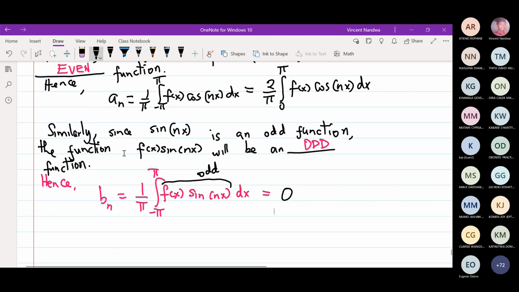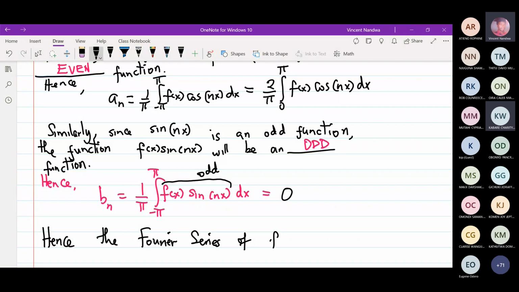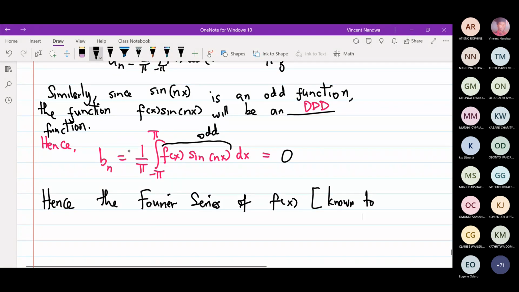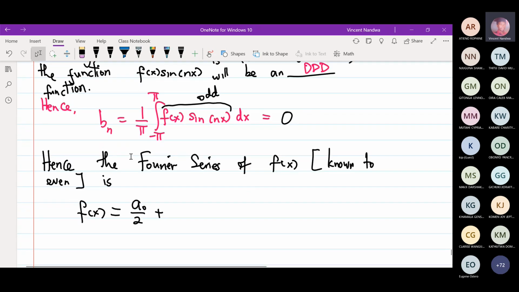So hence, the Fourier series of f of x, known to be even, is f of x equals a naught over 2 plus summation n from 1 to infinity of an cosine of nx.